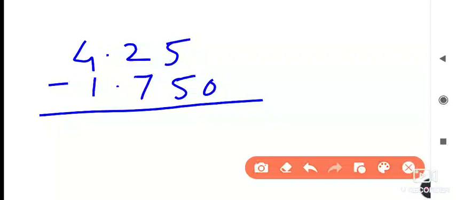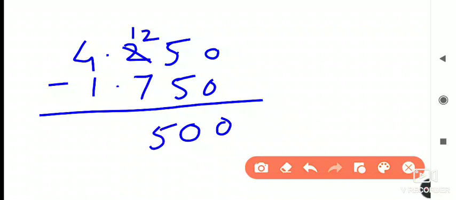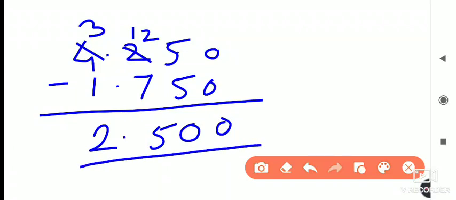As you know, 0 minus 0 is 0, 5 minus 5 is 0, and 2 minus 7 is not possible, so we have to write 12. 12 minus 7 is equal to 5. We borrow 1 from this side, so here 3 remains. 3 minus 1 is equal to 2, and point below point we have to give here. So the answer is 2.500.